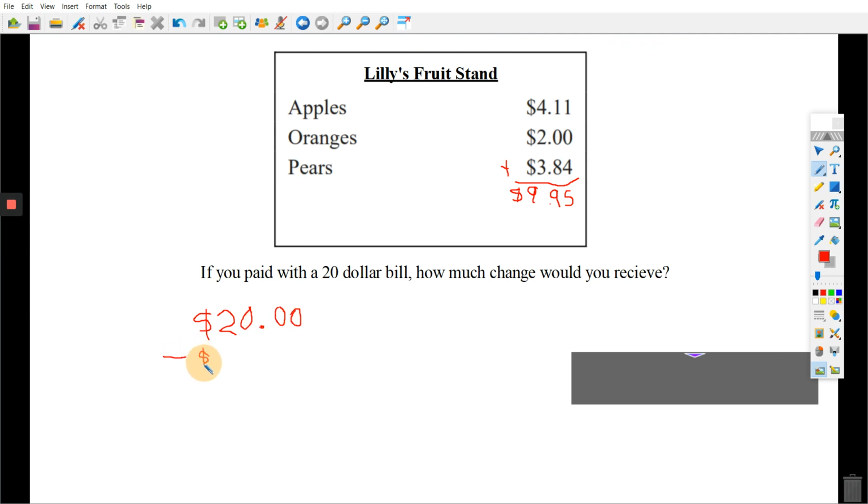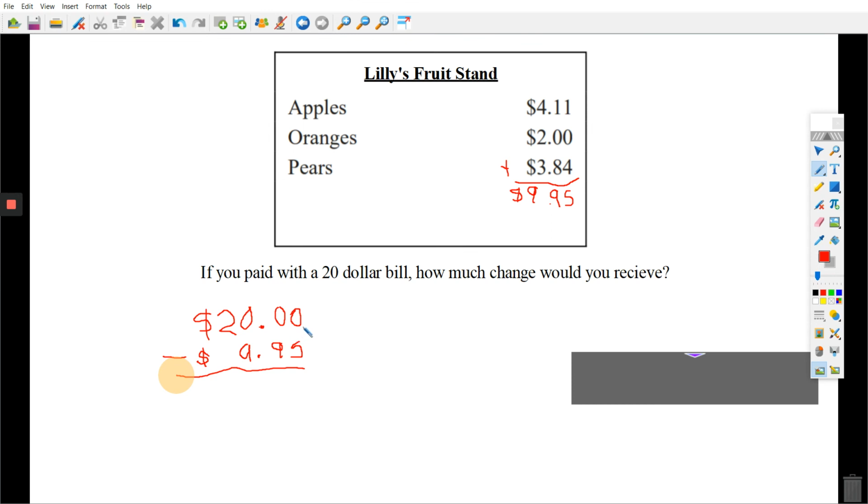Minus $9.95. Let's fix this. Remember, try to align the decimal point and all the digits as best as possible.